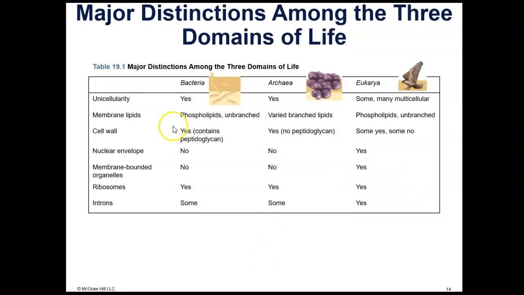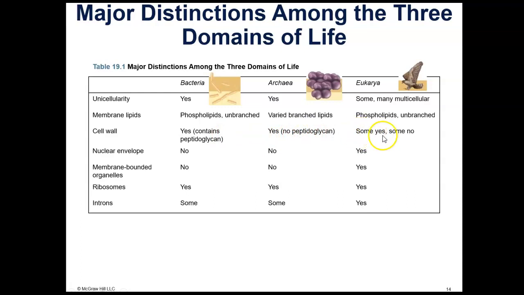And here we have a table that shows you a comparison of the domain bacteria, the domain archaea, and the domain eukarya. For their cell walls, the bacteria contain peptidoglycan and the archaea do not.